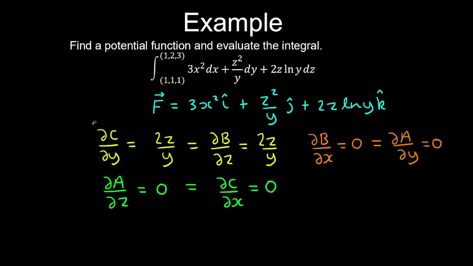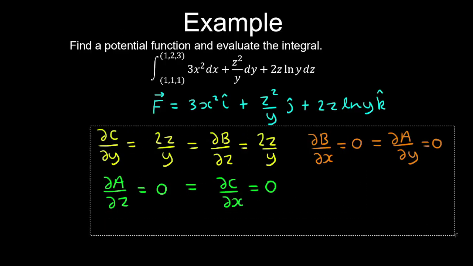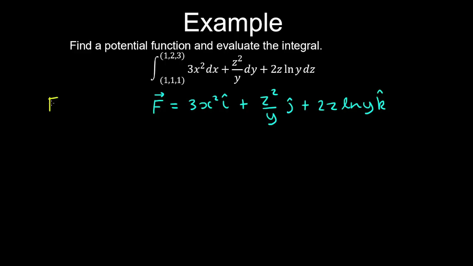And now to find the potential function, we'll just make a bit of room here. We have F is equal to the gradient of a scalar function, being the potential function, since we showed F is conservative. And now we compare the first components. So we take the partial of f with respect to x is equal to 3x squared.